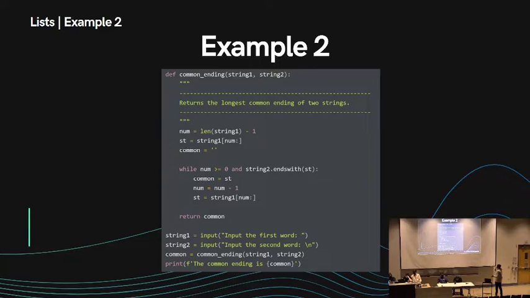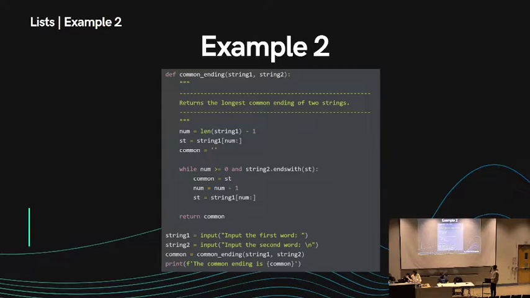All right, this function returns the longest ending between two strings. There's a function called ends with, and it does the hard work of finding out whether a string ends with a substring. Very simple. And then this while loop just pretty much loops through.